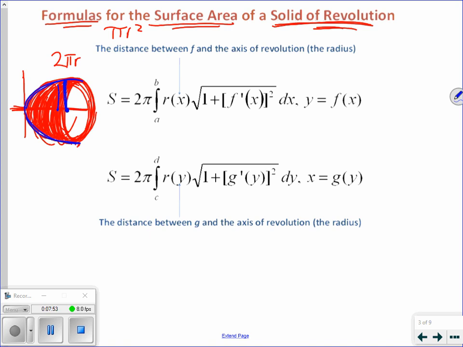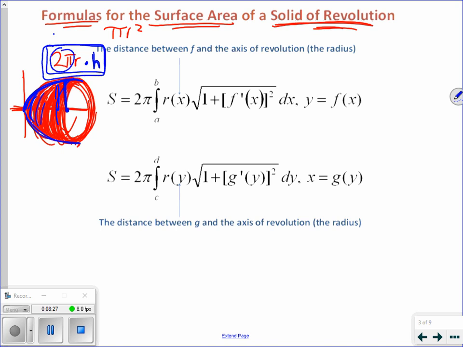And if I want to know all of those arc lengths, that's just going to be my heights. So this is essentially what we're doing. This is going to tell us the surface area. It's pretty much all of my circumferences times all of my heights, and that's going to add up all of those circumferences, right?